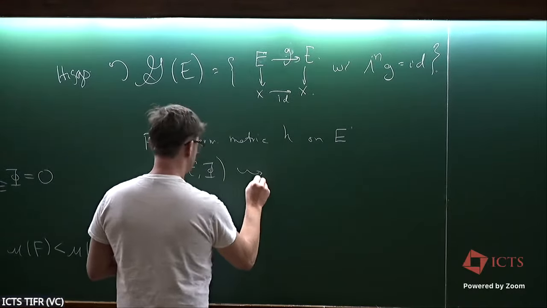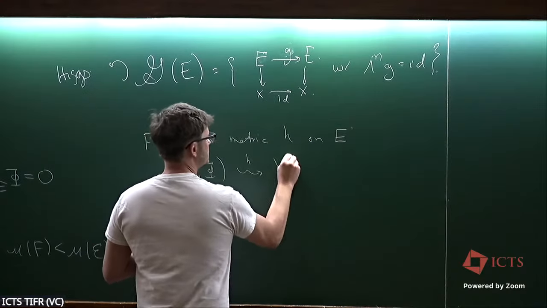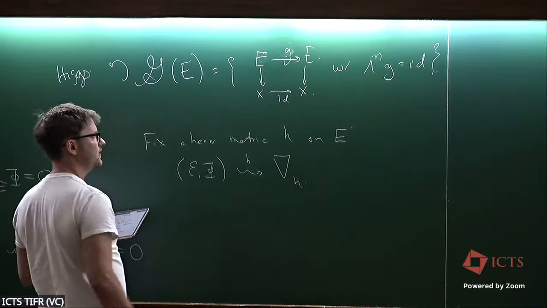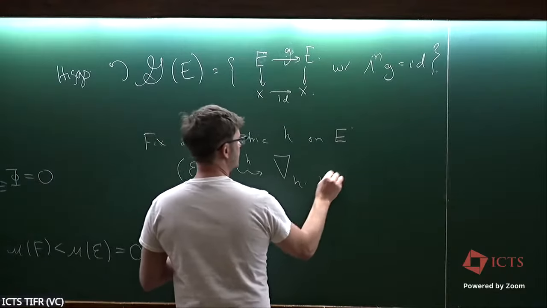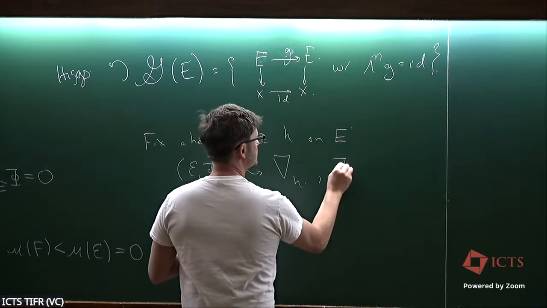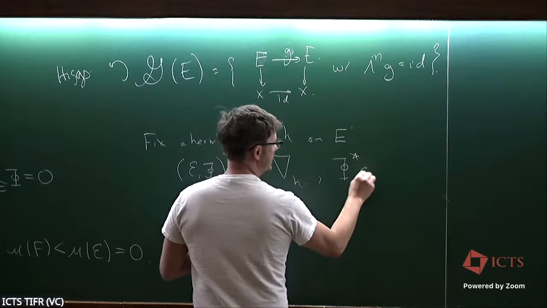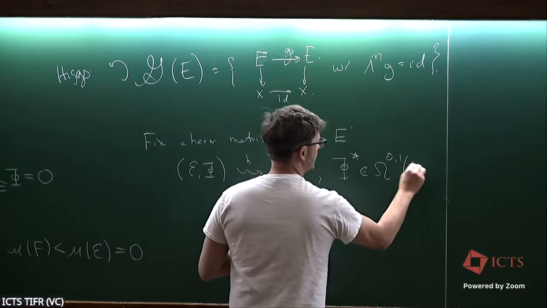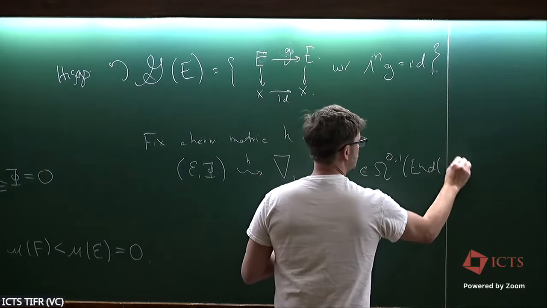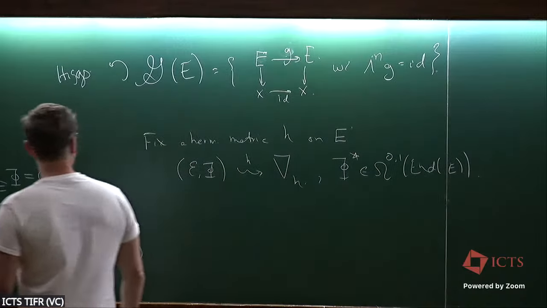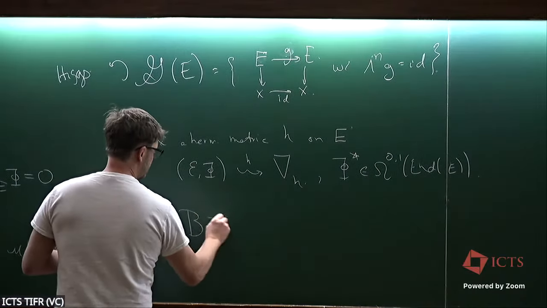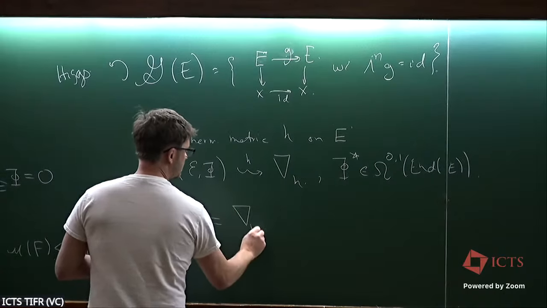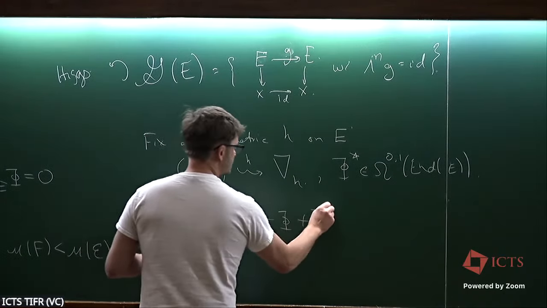And so my metric associates a Chern connection to the holomorphic structure, and I can also take adjoints of endomorphisms. The adjoint of the Higgs field is a (0,1) form valued in endomorphisms. And from this data, I can build a connection, B, which is the sum of these things.